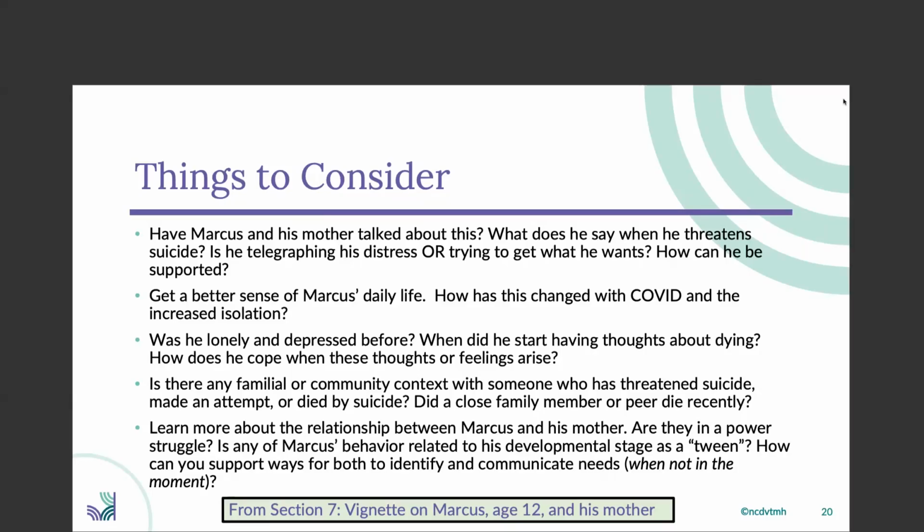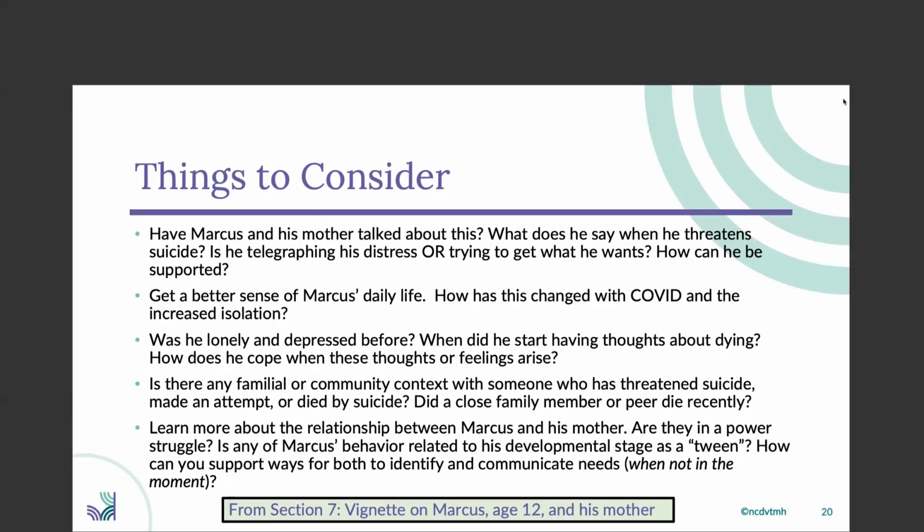And really stepping back and thinking about how can mom help support Marcus, and how can we be a support, no matter what the situation is, right? So if he's trying to get out of going to school, then what's that about, right?